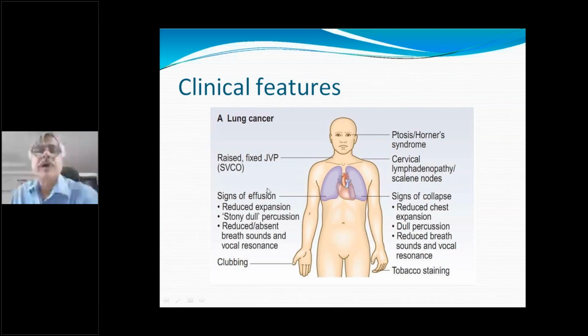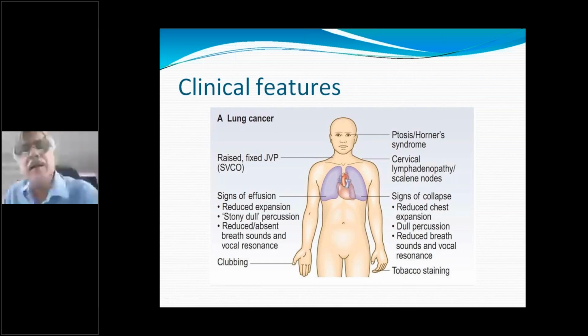So what you find is all because of the local lung features. On inspection and palpation, of course, the movements are disturbed, that is, movements are less. In percussion, you may get a dull note. In tumors, actually, you'll get a dull note.